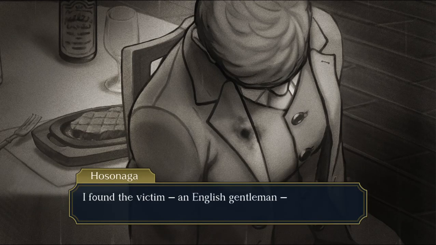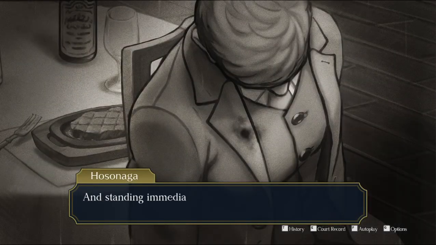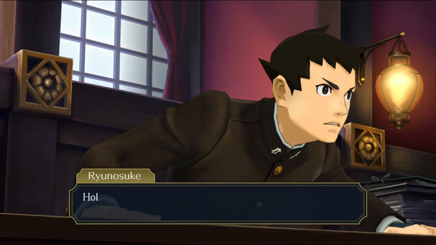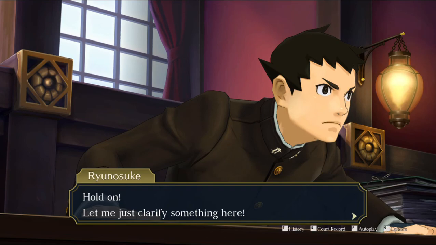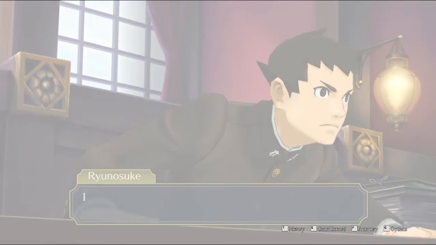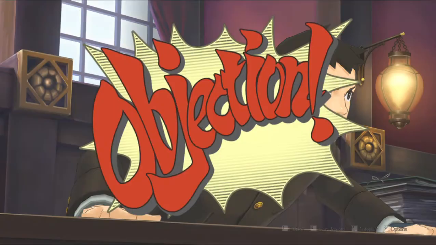I found the victim, an English gentleman, slumped in his chair, and standing immediately beside him, gun in hand, was the accused university student. Yes, I did. Hold on. Let me just clarify something there. While I did pick up a gun that I found lying on the floor beside the professor, I didn't shoot him. Objection!